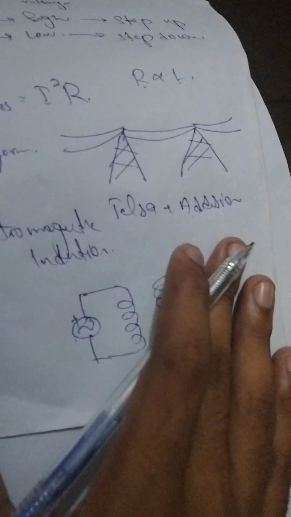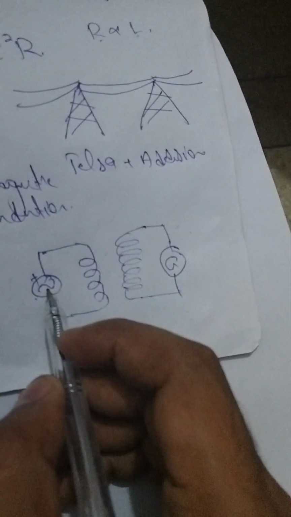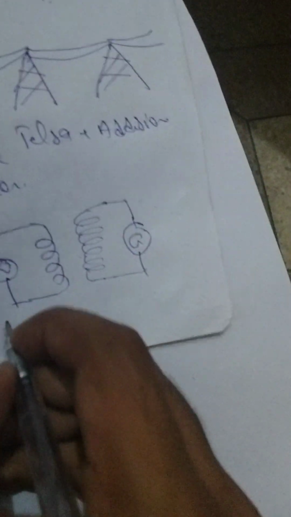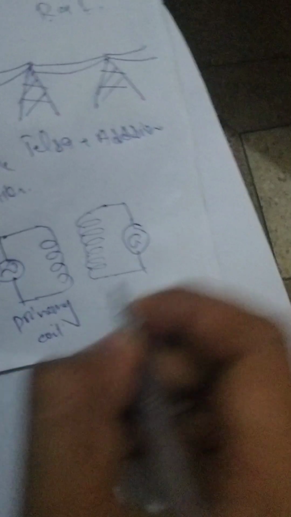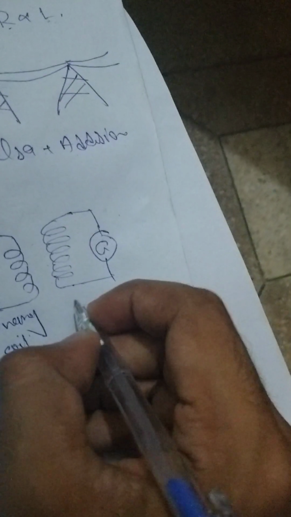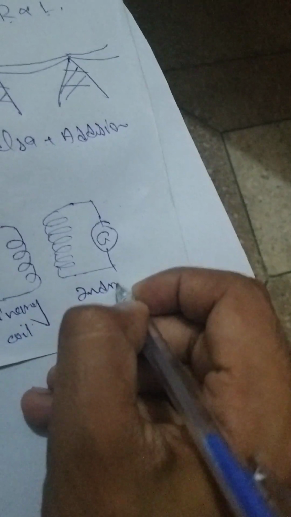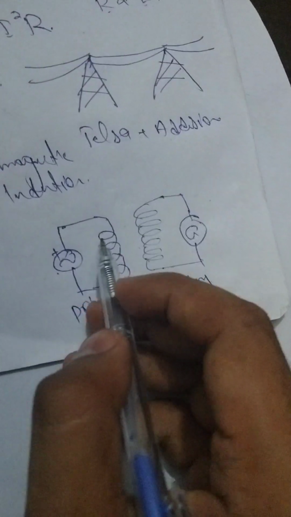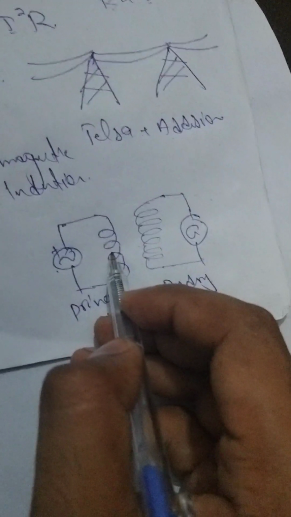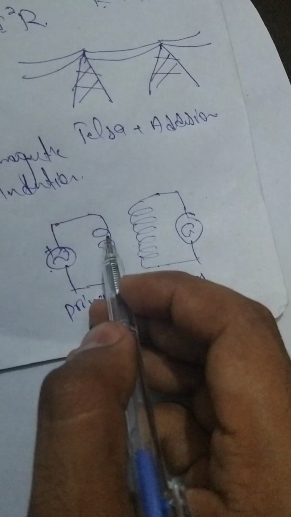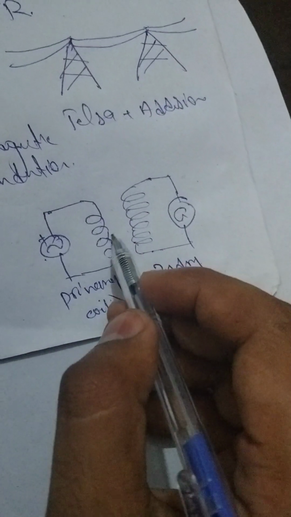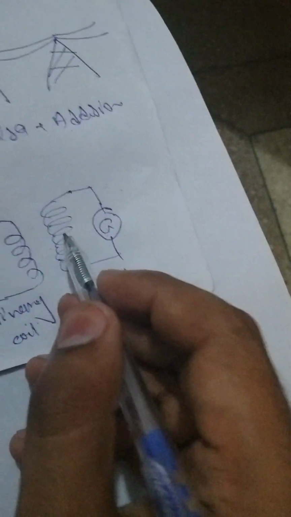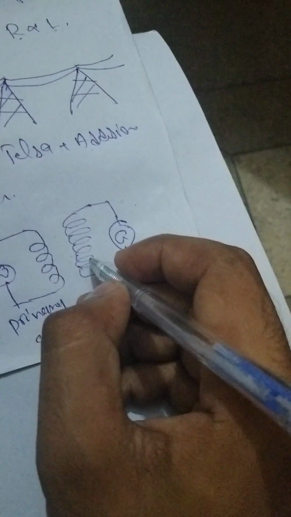So the portion to which we connect our AC source is named as primary coil, and the other one is named as the secondary coil. So by changing the potential here, we will see that this fluctuation in the flux in the electric field will induce current here, will induce voltage here.